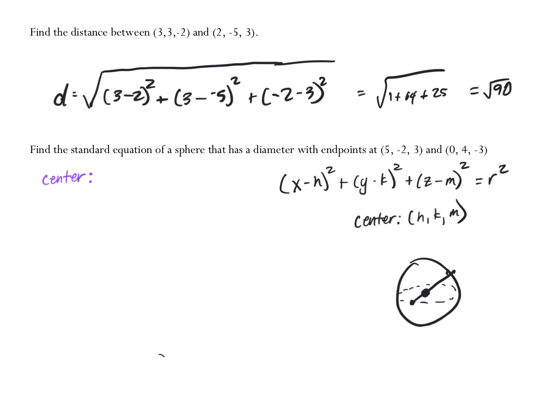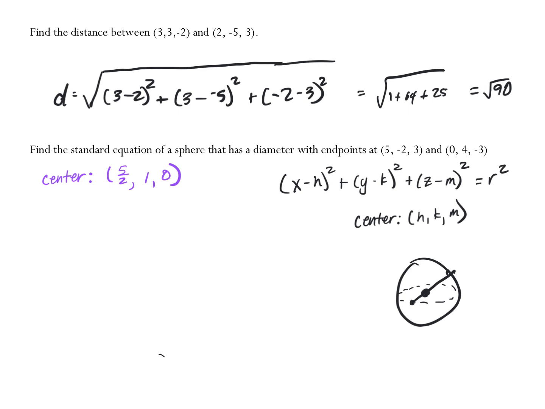And you guys, I got 5/2, 1, and 0. Is everybody good? All right.